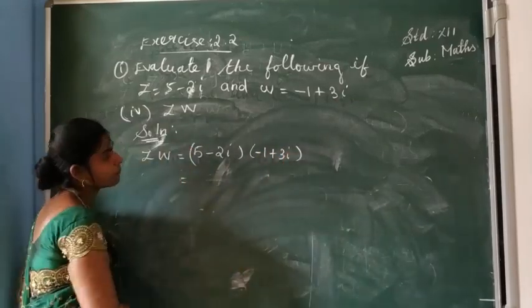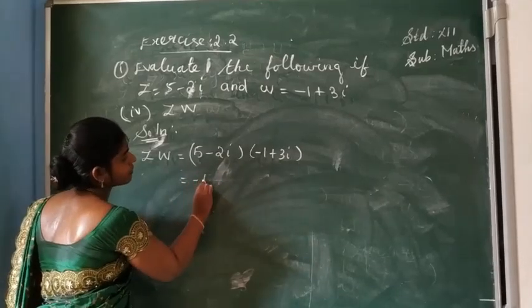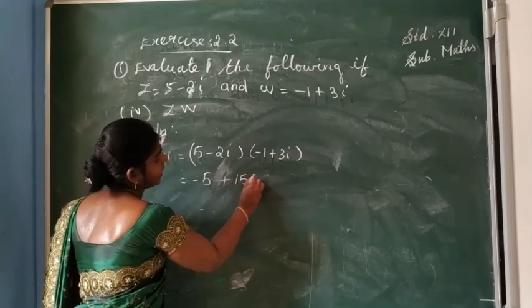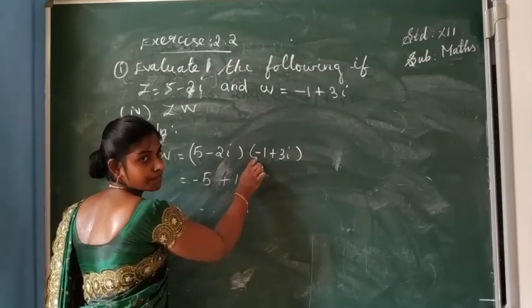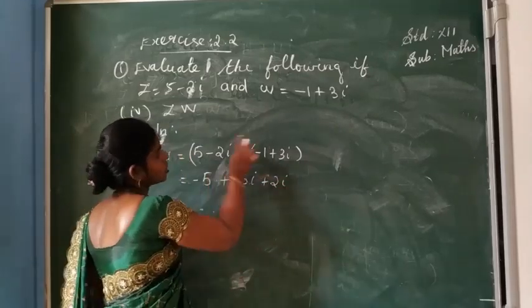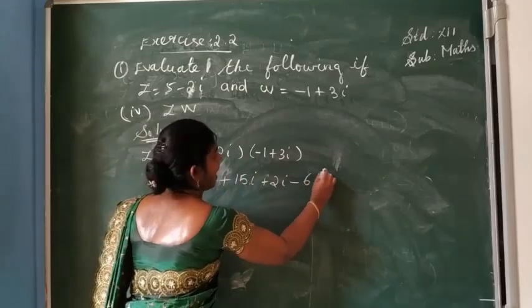That's equal to, so 5 into minus 1 value is minus 5, 5 into 3 plus 15i, minus into minus plus 2i, minus into plus minus 2 3s are 6 i square.